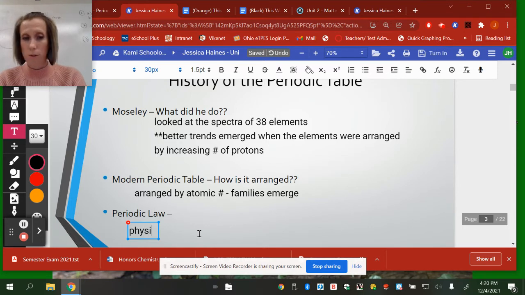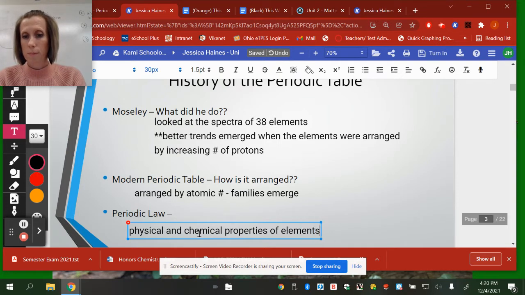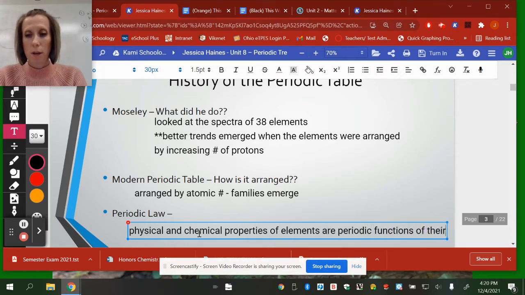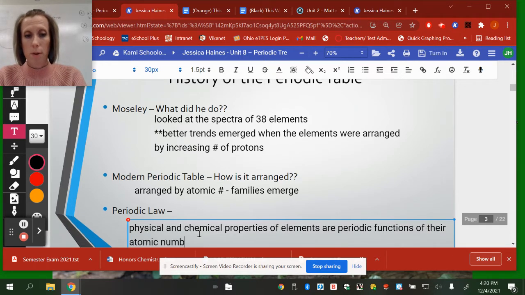It says physical and chemical properties of elements are periodic functions of their atomic number.